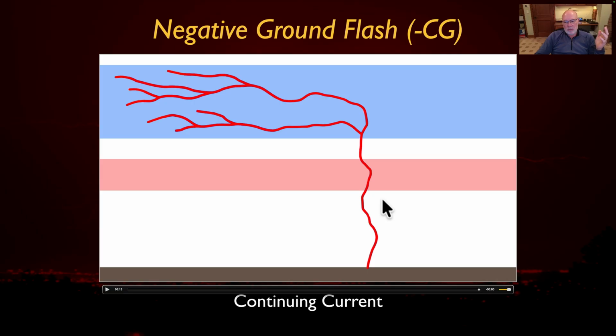In essence, you're transferring negative charge to ground. That's why it's called a negative CG flash. If that happens and those leaders continue to grow, that's called continuing current because the luminosity continues due to this leader growth.